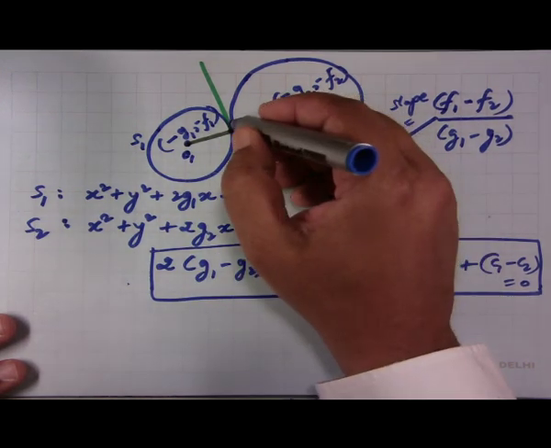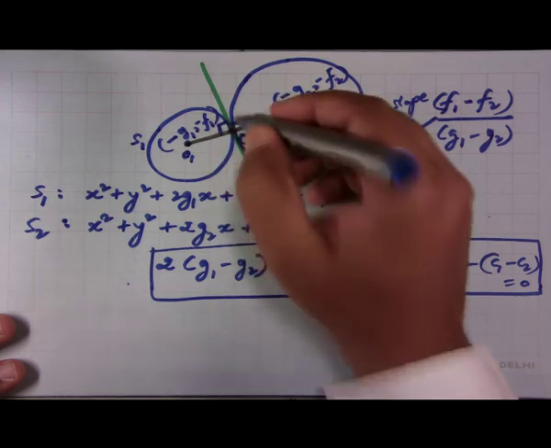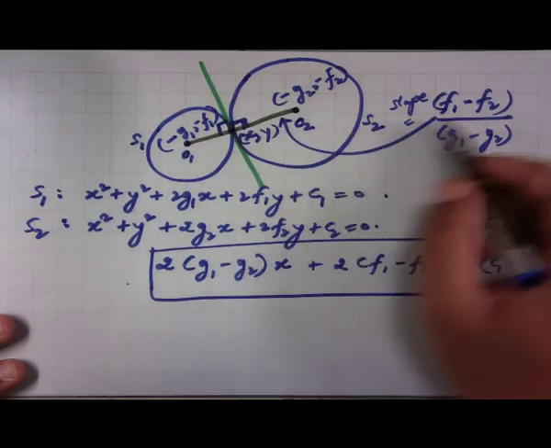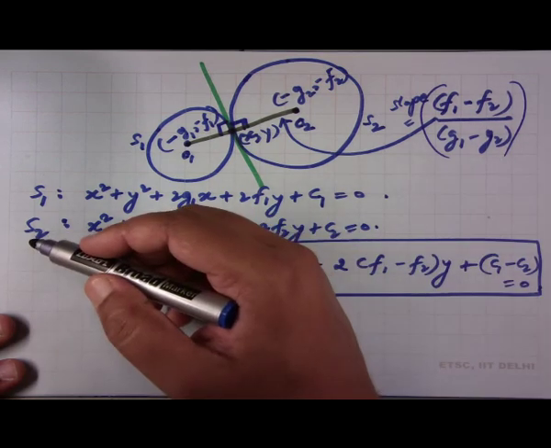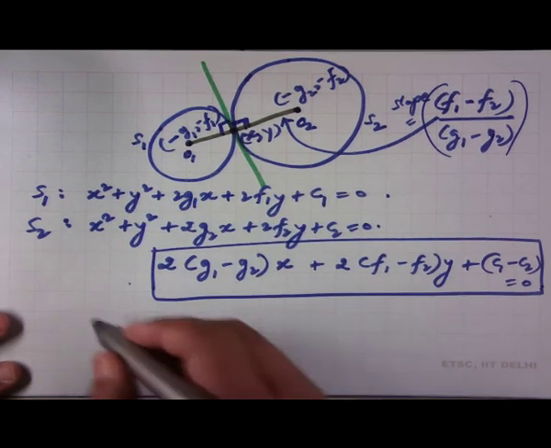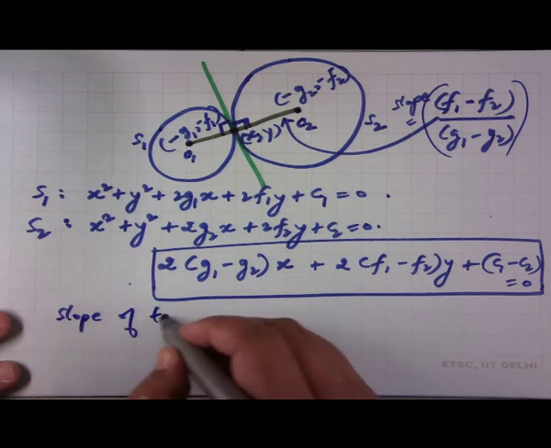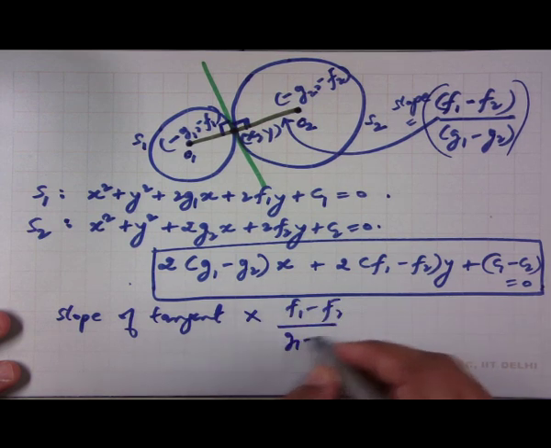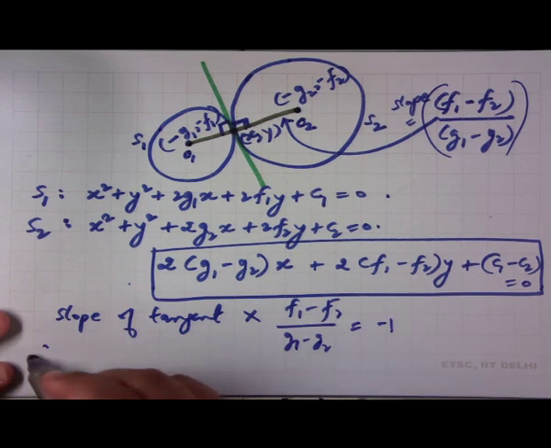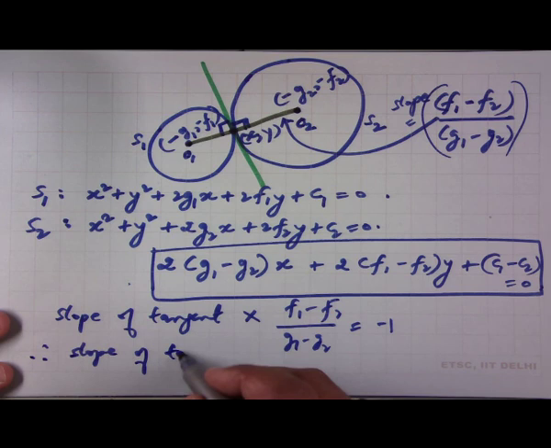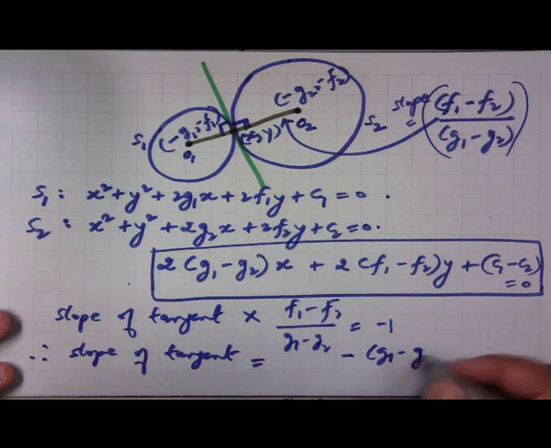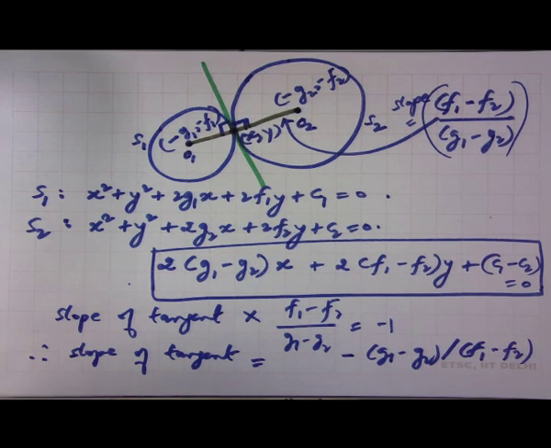Now, because the tangent is at 90 degrees, the product of the slope of the tangent with this slope must be minus 1, and therefore the slope of the tangent is -(g1 - g2)/(f1 - f2).